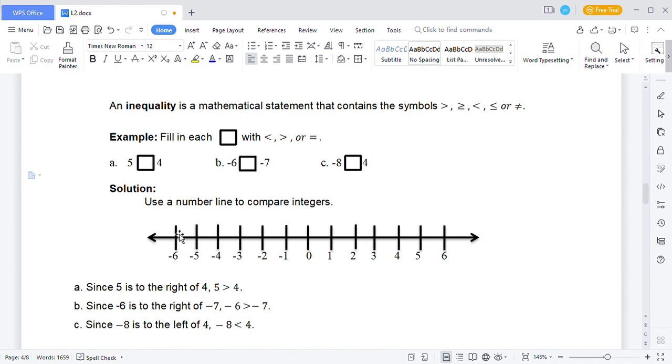Here is negative 6, and negative 7 is over here. So negative 6 is greater than negative 7. Which is greater, negative 3 or negative 4? Negative 3. Which is smaller, negative 5 or negative 4? Negative 5 is smaller. So in letter B, negative 6 is greater than negative 7.